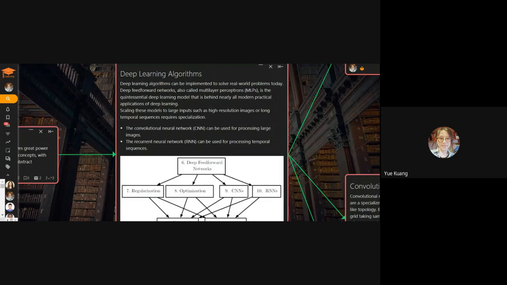And deep feedforward networks, also called multi-layer perceptrons, are the quintessential deep learning model that is behind nearly all modern practical applications of deep learning. And scaling these models to large inputs such as high-resolution images or long temporal sequences requires specialization.